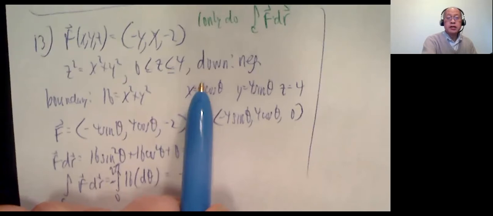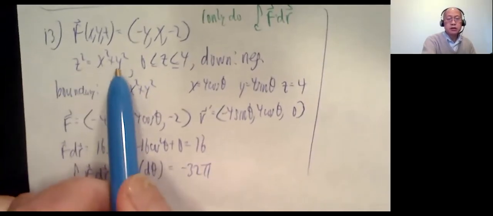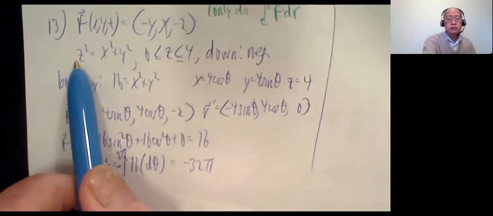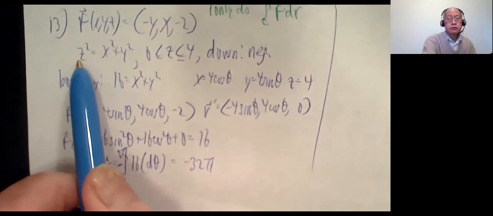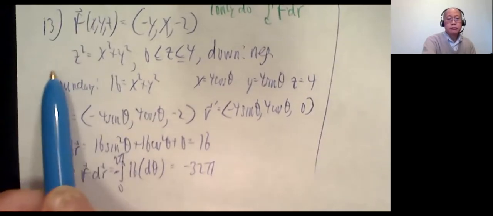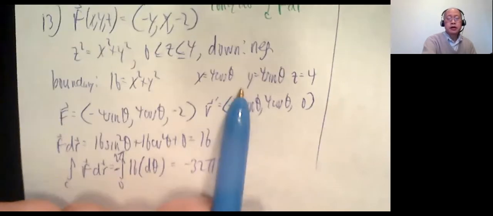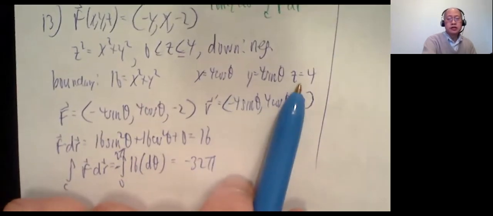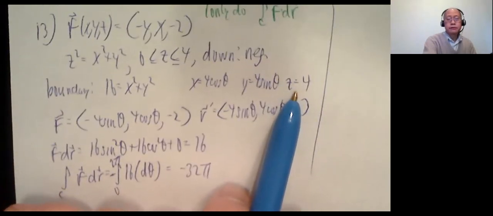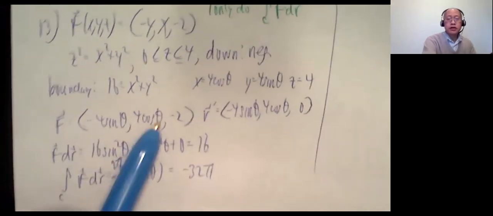Z goes from 0 to 4. If I plug in 0, you're at the origin. If you plug in 4, z squared is 16, so I have x squared plus y squared equals 16. Switch to polar coordinates: x is 4 cosine theta, y is 4 sine theta, and z is 4. So it's a downward facing curve.